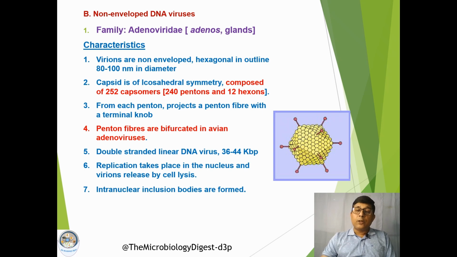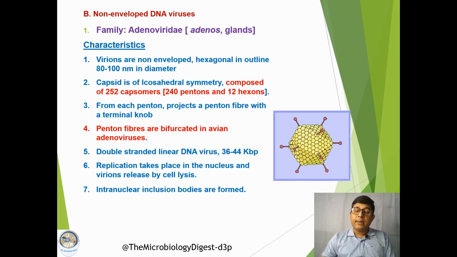There is a penton fiber projecting from the pentons, and these penton fibers have a terminal knob, giving a typical structure like this. In avian adenoviruses, the penton fibers are bifurcated. These are some of the exceptional properties which need to be remembered.